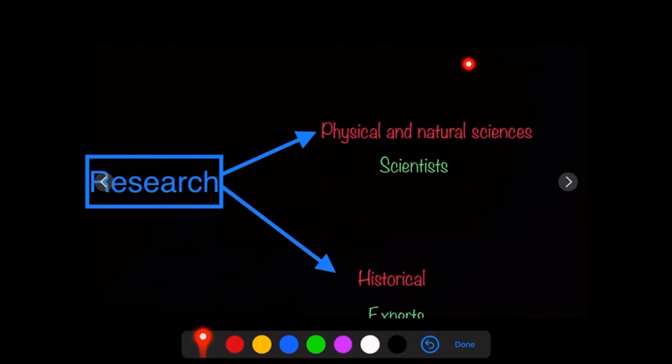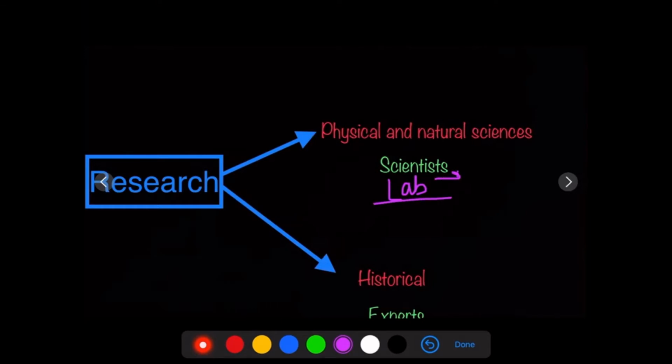Now you know that we do research on things, like in the lab you do experiments and chemical things are used. So the laboratory method is used in physical and natural sciences. We go to the lab and do the experiments, right?